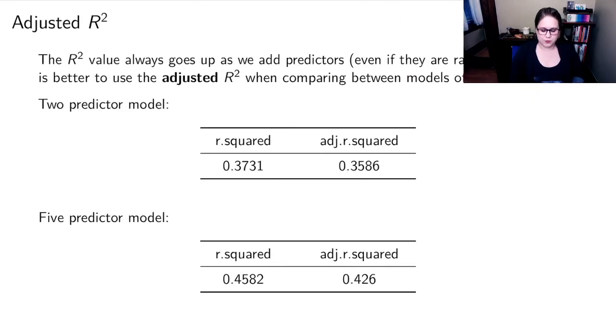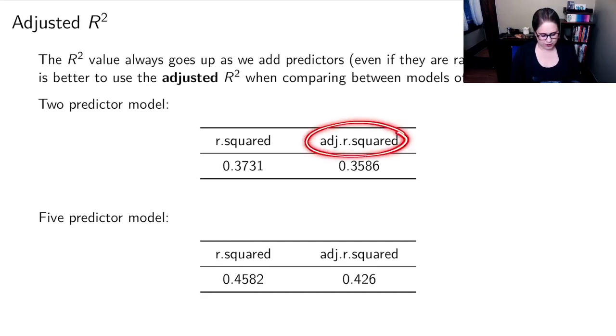If we are going to compare between 2 models, we probably want to use something called adjusted R squared. I'm not going to go into how that is computed. If you want to know that, take Stat 320. But adjusted R squared is more fair about comparing between 2 models. It doesn't always go up when you add more variables, so it will tell you if a model is better than another, even if they're different sizes.